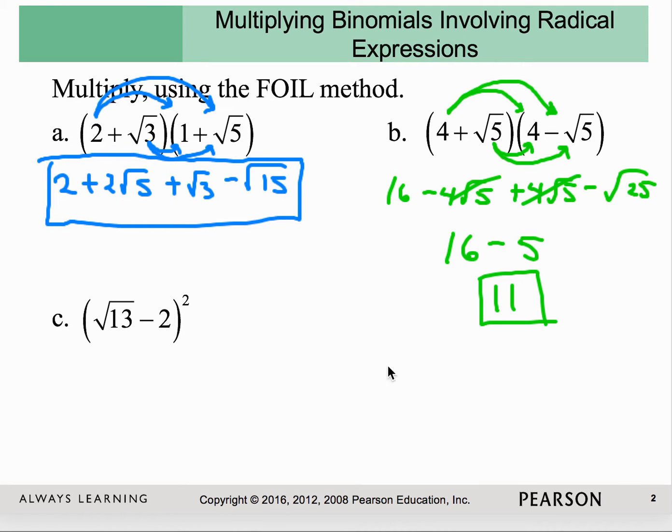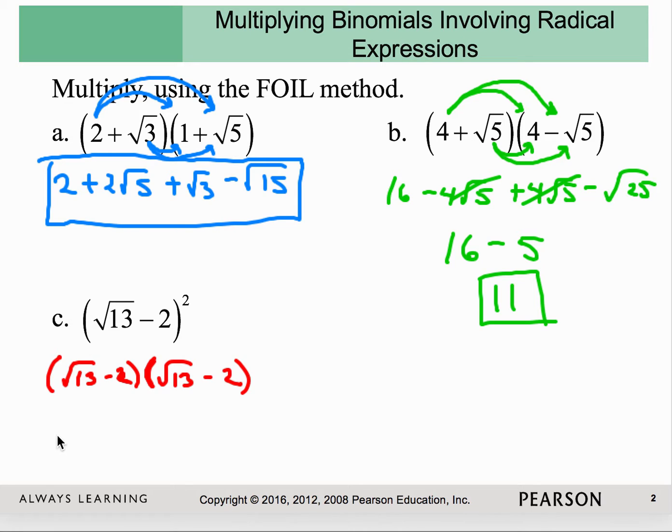Okay, so on this one, I've either got to remember that this is square root of 13 minus 2 times square root of 13 minus 2 and do my distribution there. Or I can do the shortcut because it's a perfect square trinomial. So the shortcut, you can either distribute like up there, or the shortcut is you square the first one.